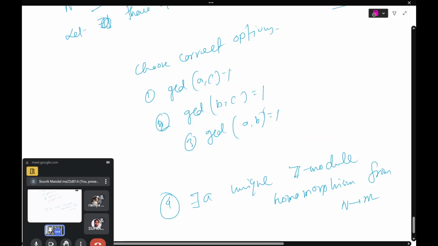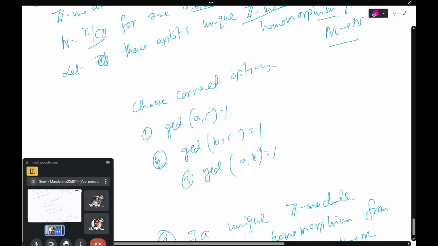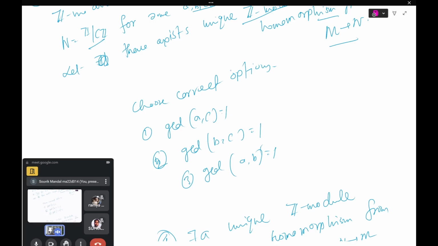If you could not understand how to solve it, first go back to the previous problem, look at the facts that we used, and try to connect those facts with this problem. Try to solve it, and let me know if you have already done it.